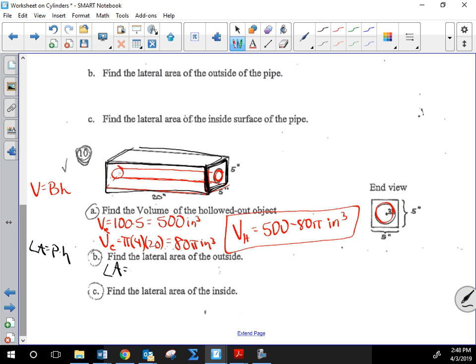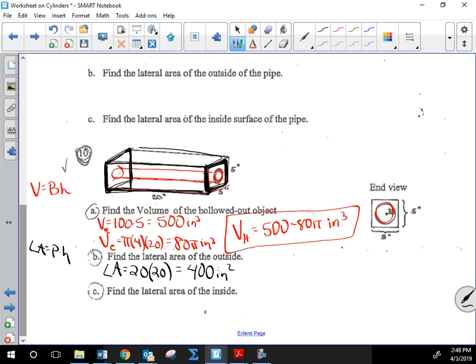This guy. Good. And then my height, that's between your bases. The height is between your bases, so my height would be 20. What's 20 times 20? 400, and this is inches.